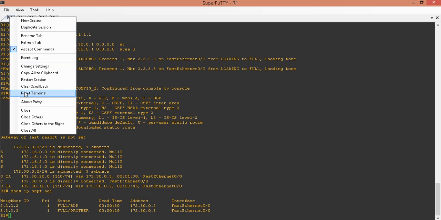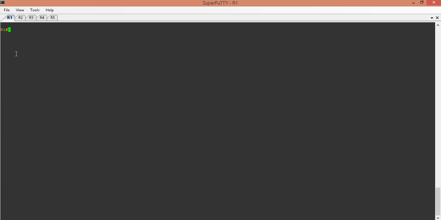Let me clear this. First, I have to go to router ospf 1. Summary address? I think no, redistribute. Sorry, I was thinking of the redistribute command.